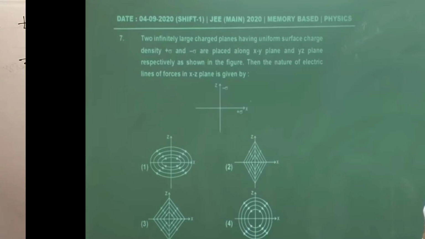Okay, now we are going to discuss another question. Two charged thin infinite plane sheets of uniform charge density sigma plus and sigma minus, where sigma plus is greater than sigma minus, are placed along the xy plane and yz plane respectively.